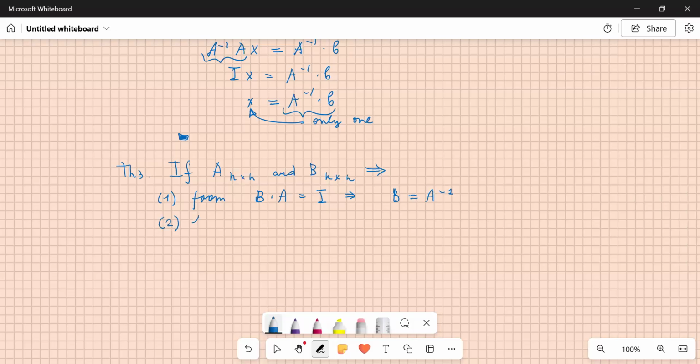Number 2: from A multiplied by B equals identity it follows that B is A inverse.